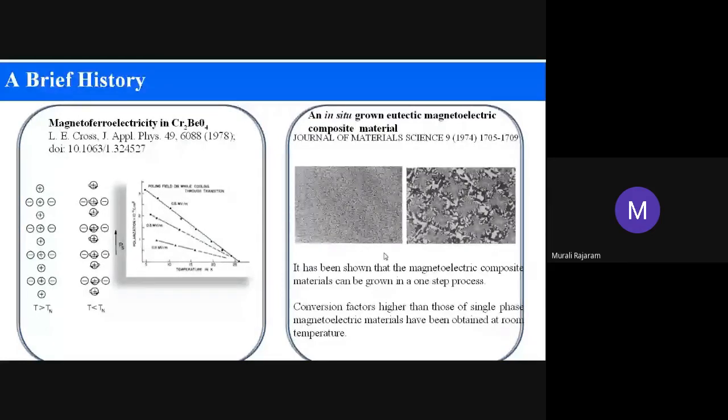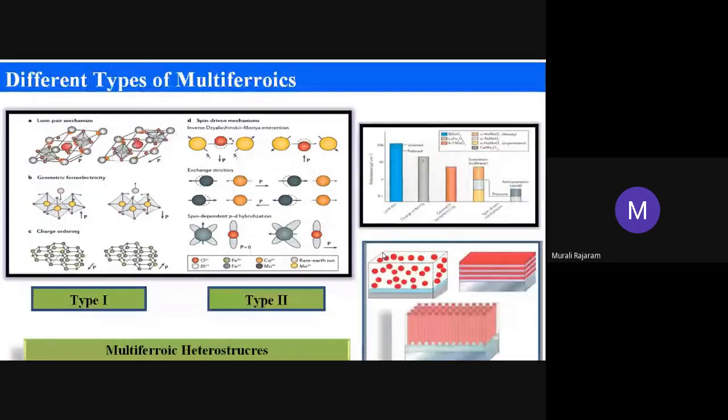Okay, so what are the different types of multiferroic materials? These are called single phase multiferroic materials. These kinds of materials are called type 1 multiferroic materials, where your magnetic polarization and electric polarization are not related.